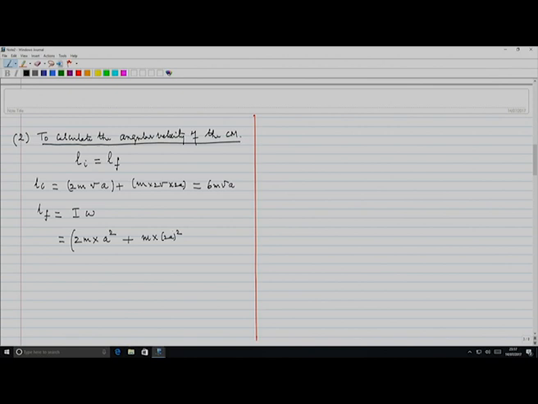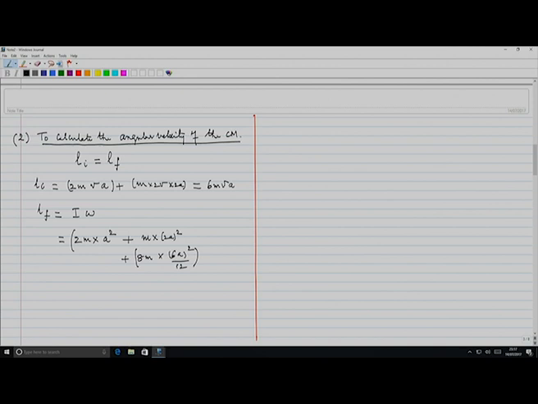I am calculating all this with respect to the center of mass, plus 8m times 6a squared by 12.